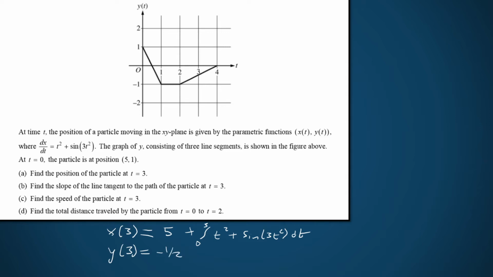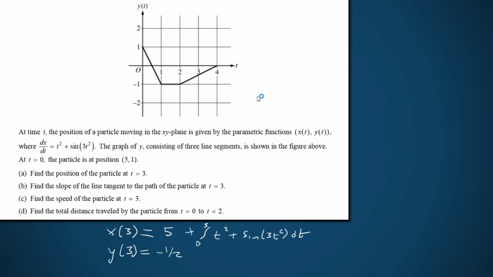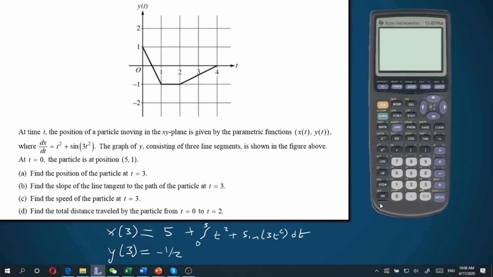So we'll go ahead and integrate. I'm going to throw this in here just in case we need it later. So this is x squared plus the sine of 3x squared. We're integrating from 0 to 3.